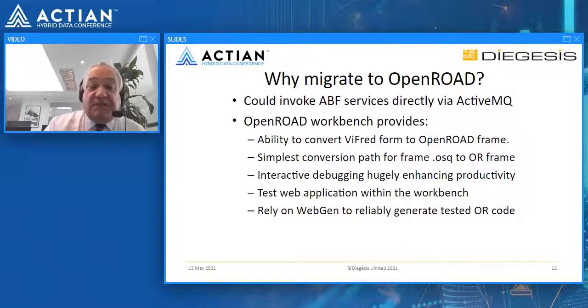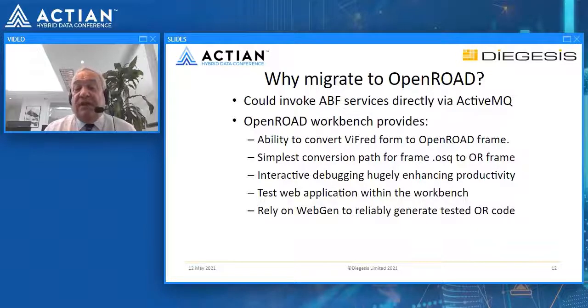It's the simplest conversion path for a frame OSQ to an OR frame as well, because when we harvest the ABF frame, it will bring all the code over, comment it out, and so now we can start to uncomment it and do the minimum amount of reworking to change the syntax, to implement syntax that mimics the sorts of things we'd have in FRS keys and menu items.